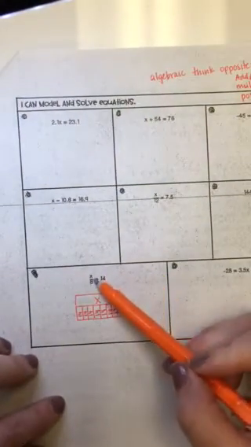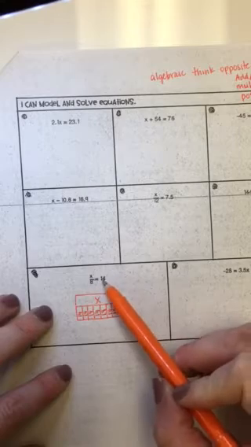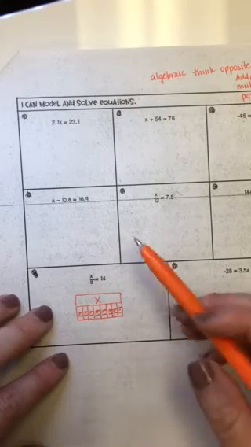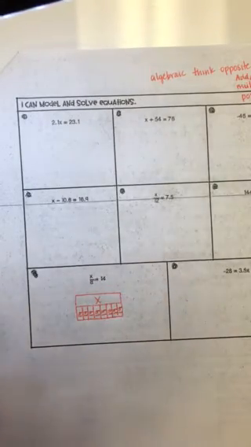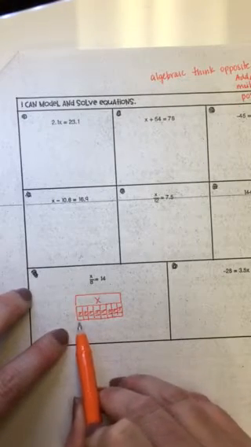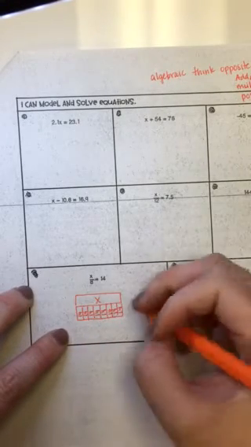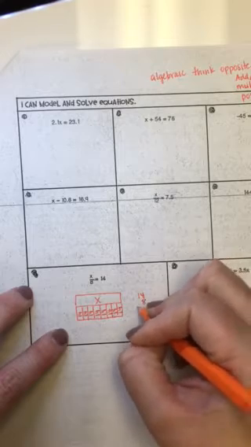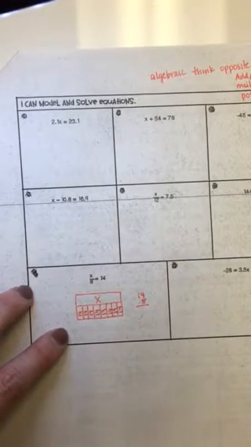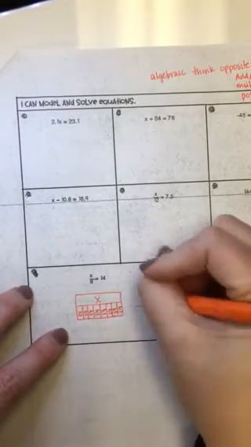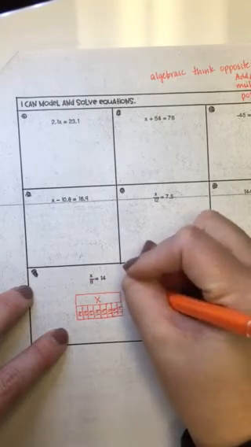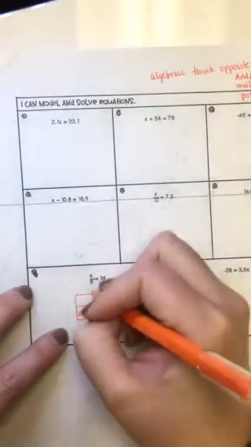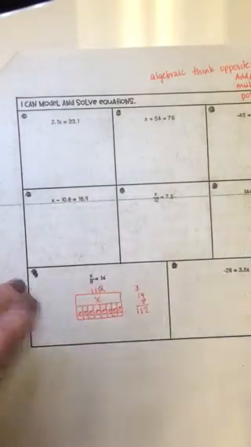Because once I took a big number and divided it into 8 groups, now I have 14 in each group. Well, how many things did I start out with? That's where that comes from. And so 14 times 8, so I have 8 groups of 14. 8 times 4 is 32. 8 times 1 is 8, plus 3 is 11. So x should equal 112.